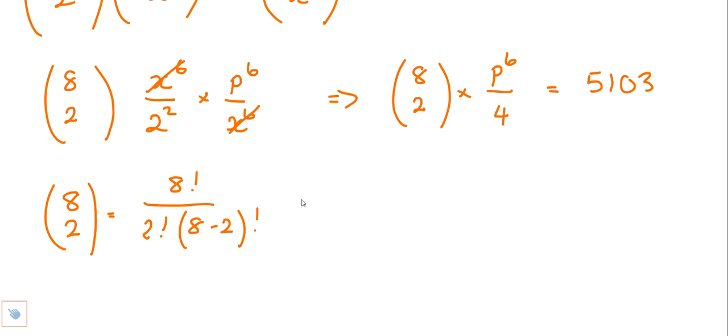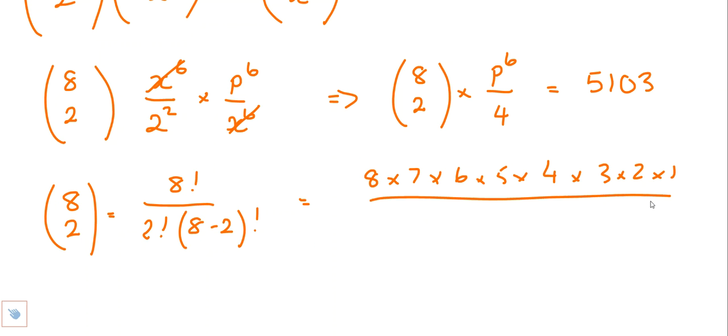Should we do this as a practice? Because you would use your calculator at this stage, but let's do this as a practice. So that would give me 8 times 7 times 6 times 5 times 4 times 3 times 2 times 1, all over 2 times 1 for 2 factorial, multiplied by 6 factorial. You can use 8 over 6 if you'd rather.